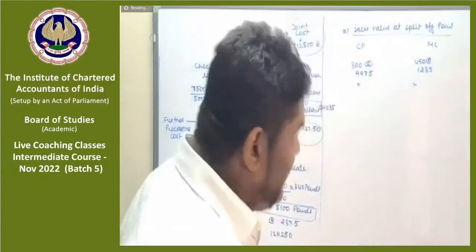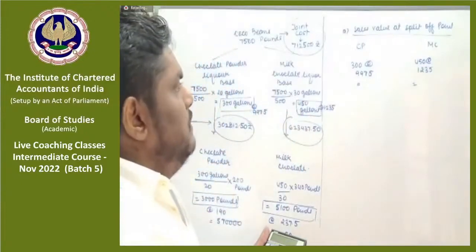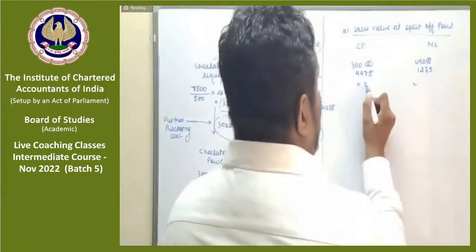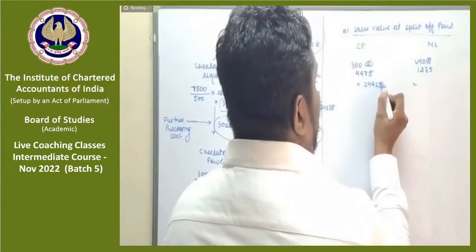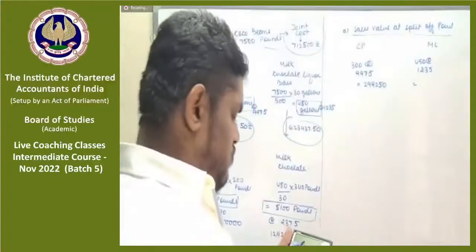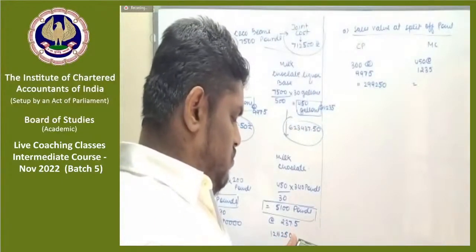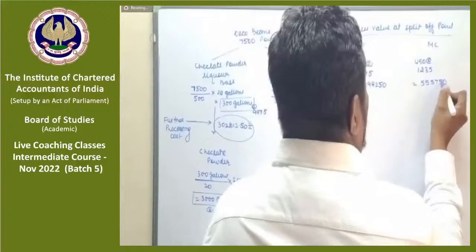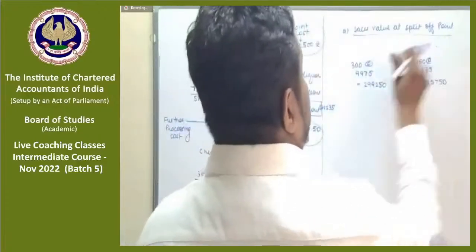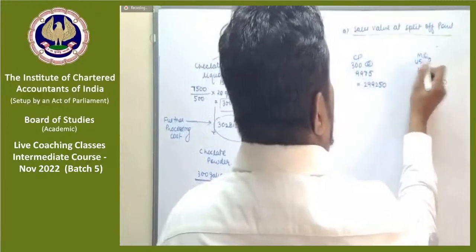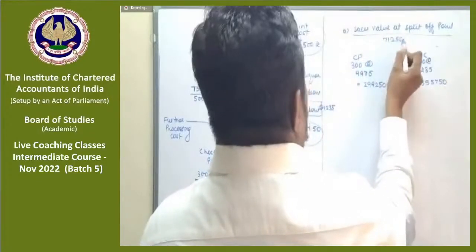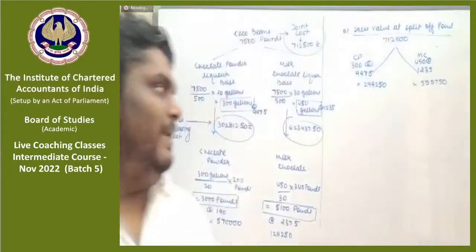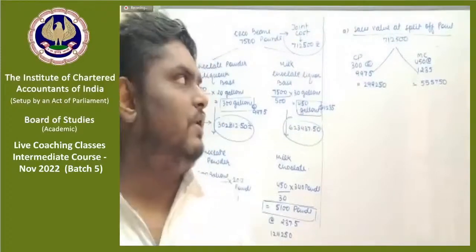So we'll get the final value, so the joint cost 7,12,500 will be distributed in this ratio. So once you are done with this flow chart, you can solve any question.